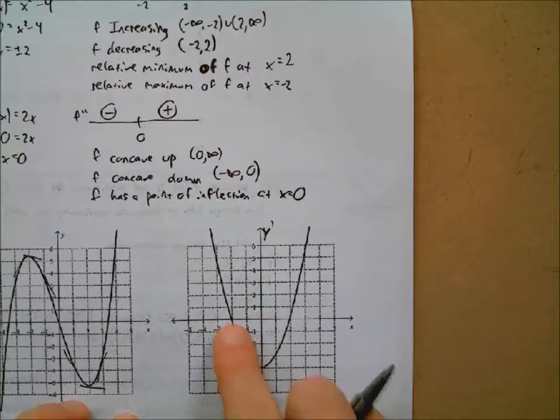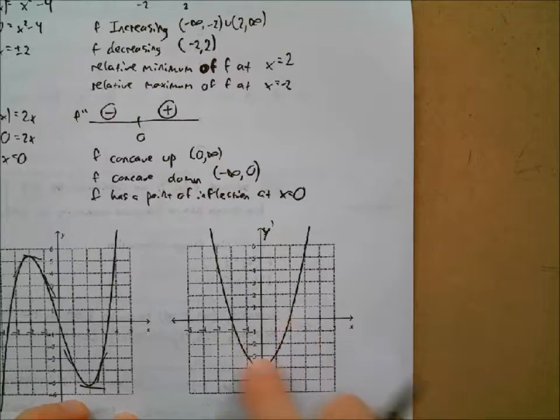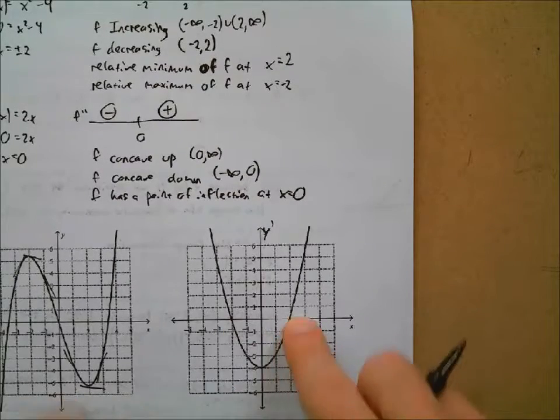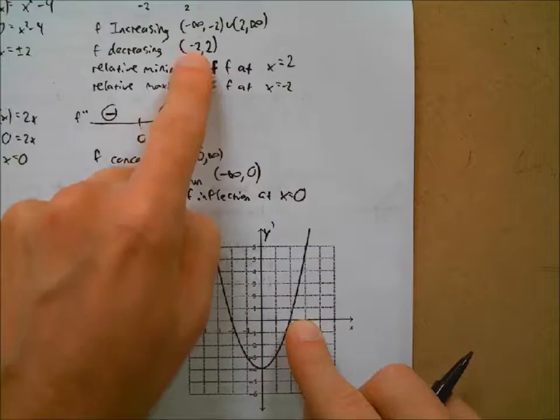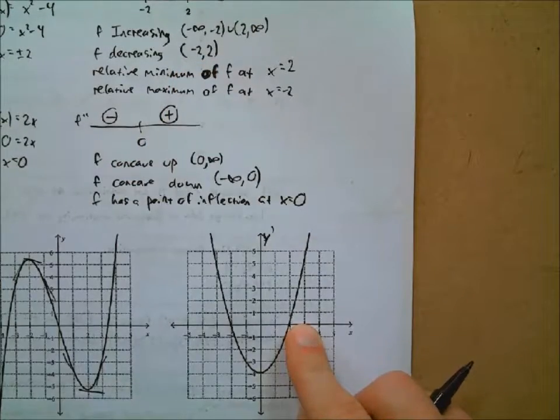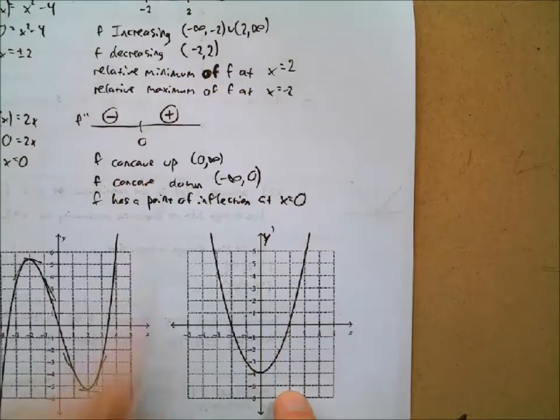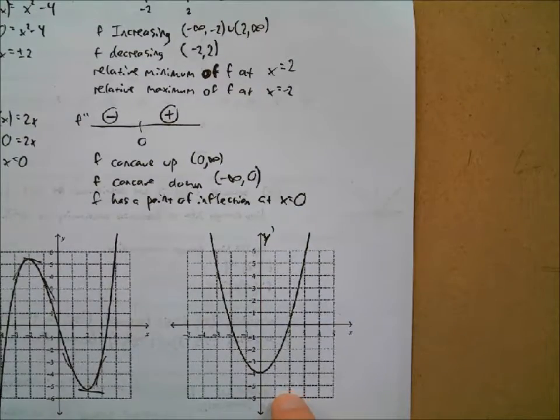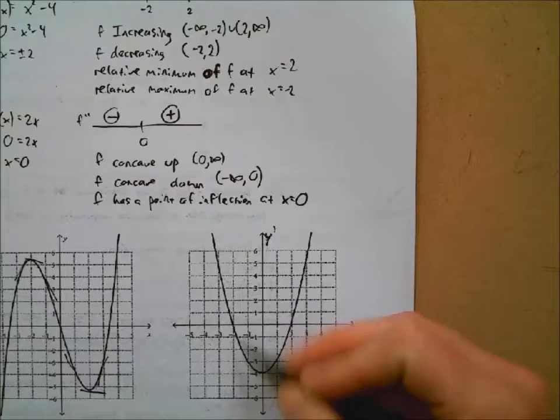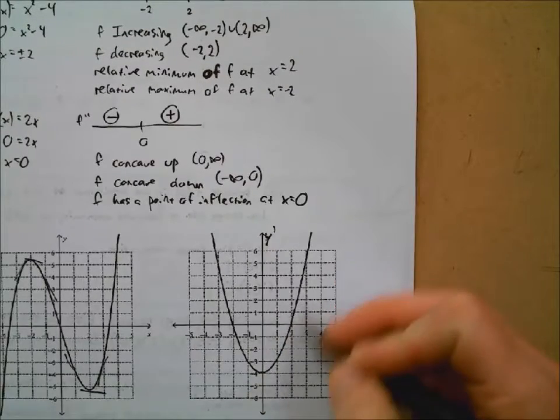From negative 2 to 2, y prime is negative. So therefore, the original function will be decreasing on that interval. We can also see our relative minimum too. The relative minimum occurs when the derivative changes from negative to positive.